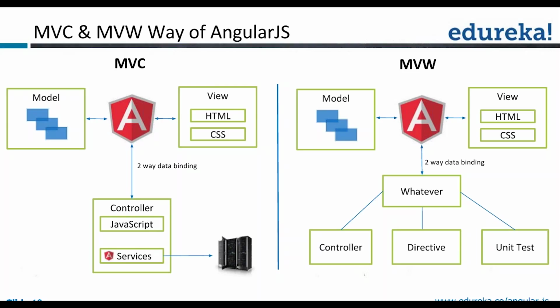So we don't have to do any DOM manipulation to update the model, or when we update the model, to reflect it on the UI side. Hence it is called MVW, MV whatever. Whatever may be, controller, or a directive, or a unit test. So that's the reason we call it MV star.